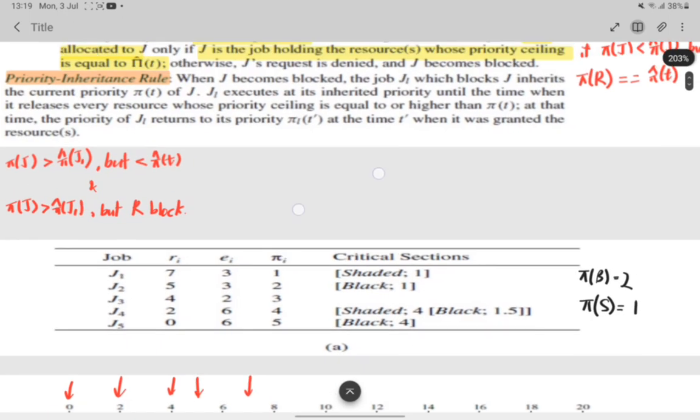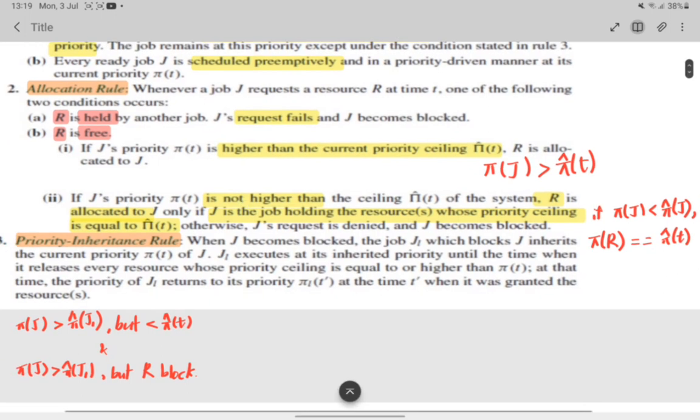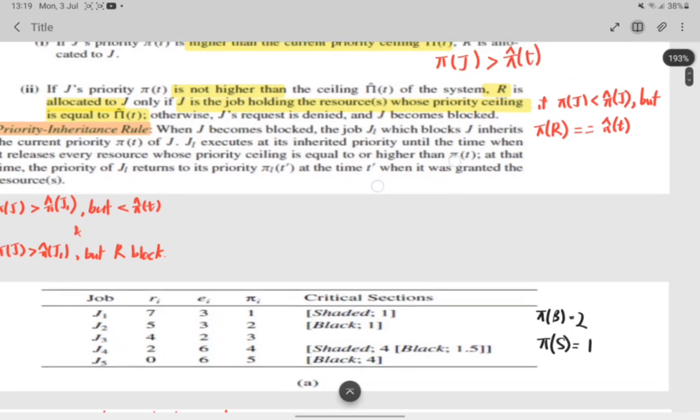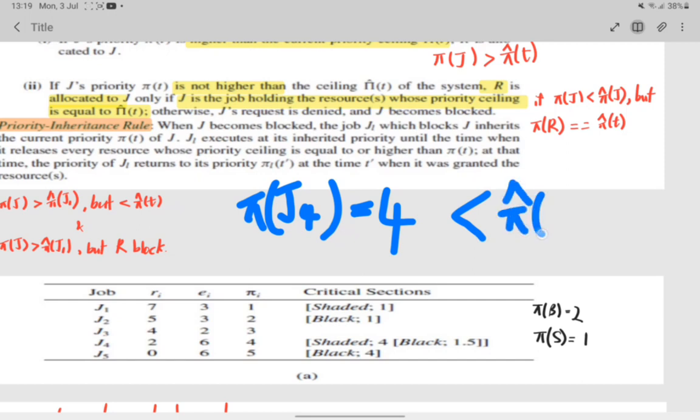Why? Because from the rules here, the job's priority is not higher than the current system ceiling, because job 4 has a priority of 4, and that is not higher than the current system ceiling, which is 1, because shaded has the priority ceiling of 1.